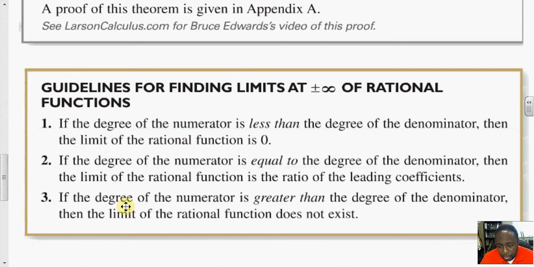If the degree of the numerator is less than the degree of the denominator, then the limit is equal to 0. If the degree of the numerator is equal to the degree of the denominator, then the limit of the rational function is the ratio of the leading coefficients. If the degree of the numerator is greater than the degree of the denominator, then the limit of the rational function does not exist. That is, it's just infinity.